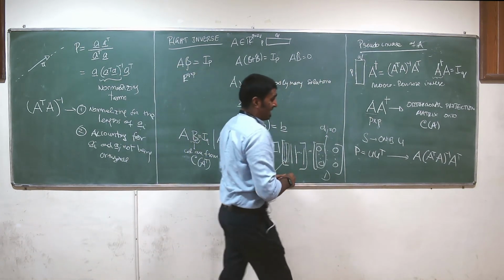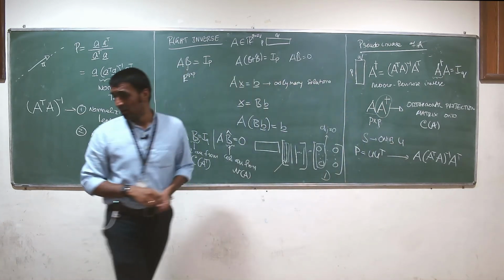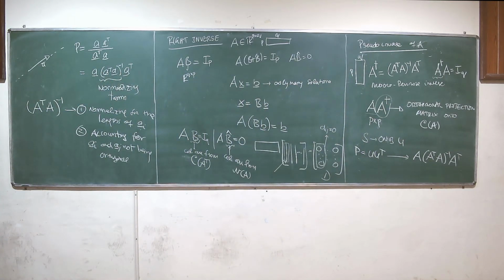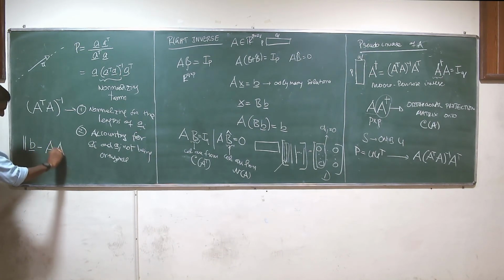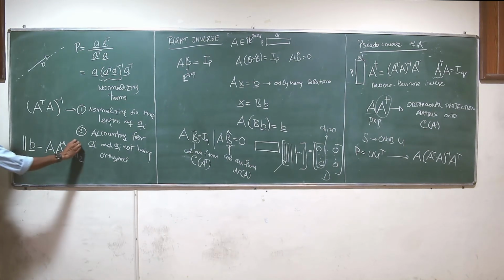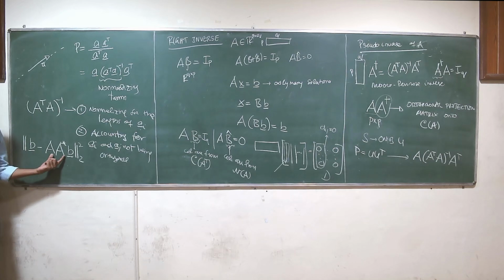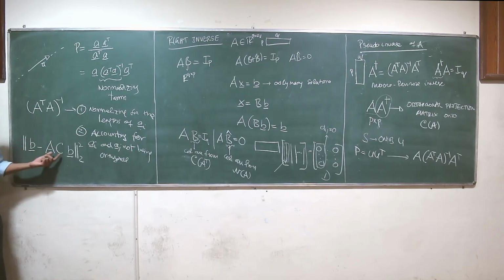And you obtain A dagger as a solution to a minimization problem. We won't go into the details of the minimization problem. Let's say C is a possible left inverse of A. There are infinitely many of them, right?